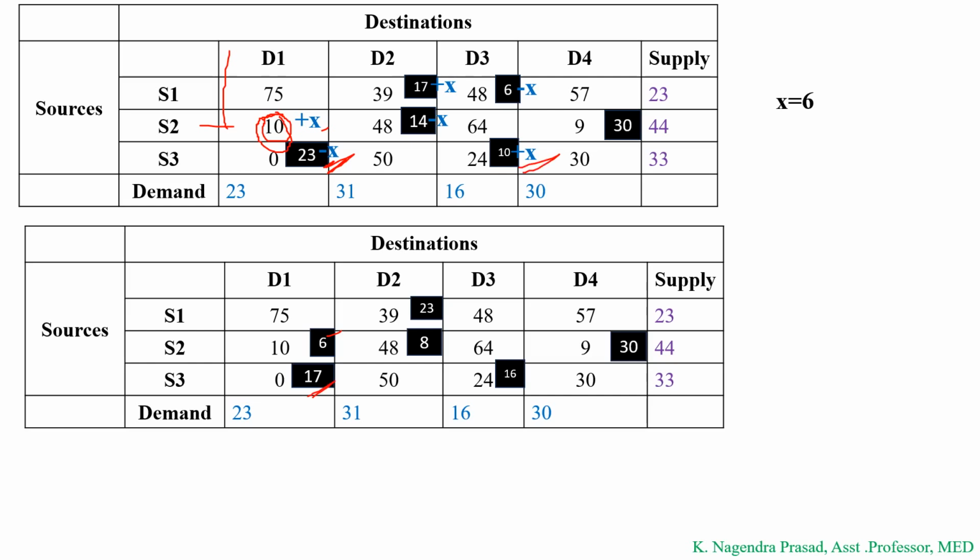And here 10 plus x, so 10 plus 6 is 16. Here 6 minus x, 6 minus 6, 0. So we have to remove the allocation here. Next, 17 plus x, that is 17 plus 6, 23. The next one is 14 minus 6, that is 8.